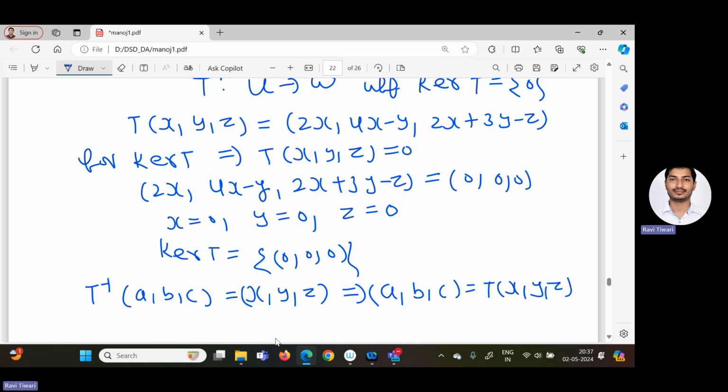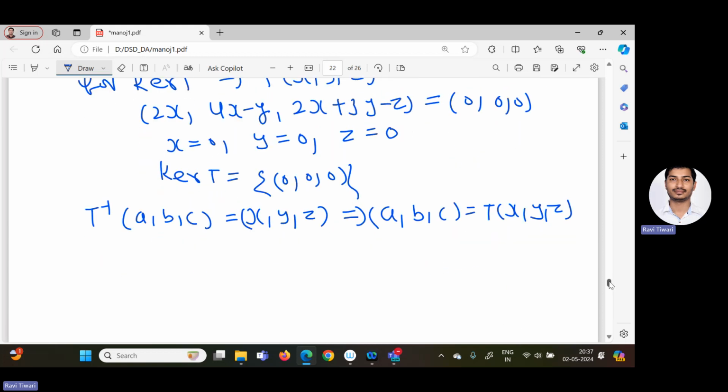Here I have assumed that the inverse of T of x, y, z is a, b, c. Now what is the given linear transformation T of x, y, z? It is 2x, 4x minus y, and 2x plus 3y minus z.